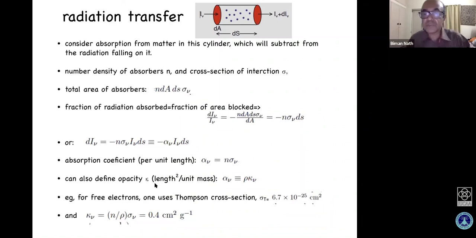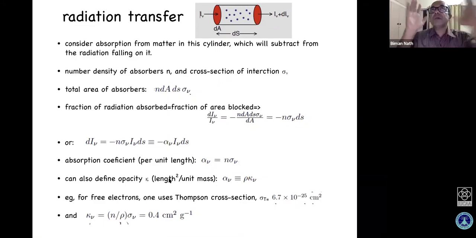Now, this is useful in the sense that I can say this many kg of matter will offer this much of length squared, or area of cross section. This will be meter squared per kg, for example, or centimeter squared per gram.